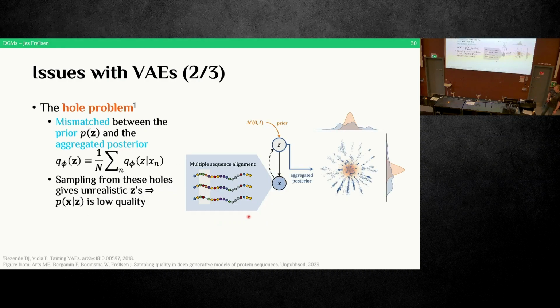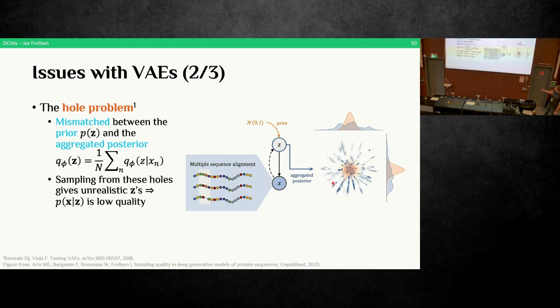A second issue is what's called the hole problem. That's when you have a mismatch between the prior and the aggregated posterior. You already saw an example of the aggregated posterior. The aggregated posterior is what you get if you take your data, encode it, and think about it as a mixture distribution. It could look something like this. Over here I have my prior in yellow, and then my aggregated posterior, which has this star shape.